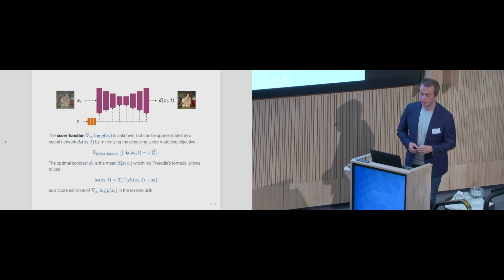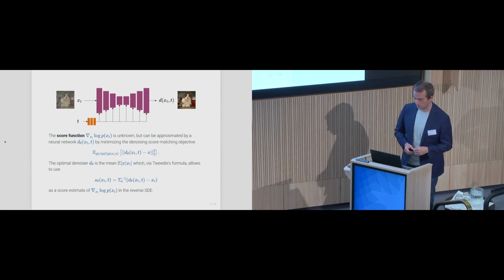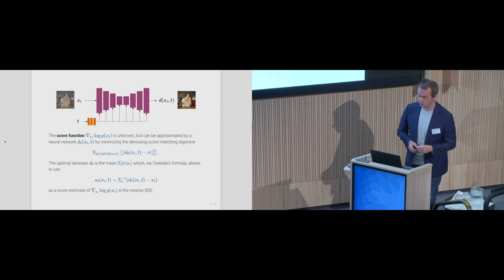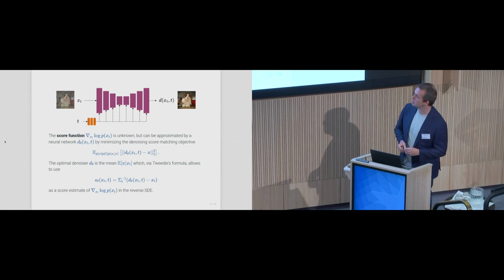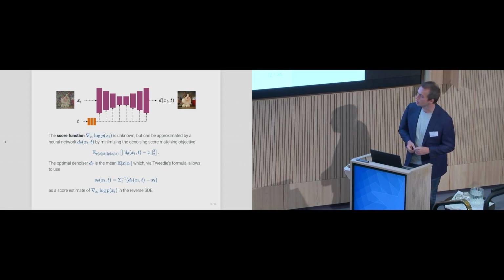And this is something that we can do with a neural network. What is usually done is that we train a neural network D, usually a denoiser, which we will use to approximate this score function. And we train this denoiser by minimizing a denoising score function, the one that you see in the middle of the slide.